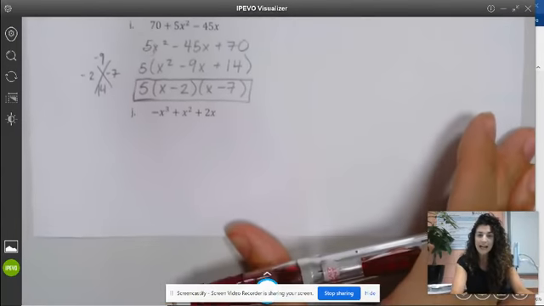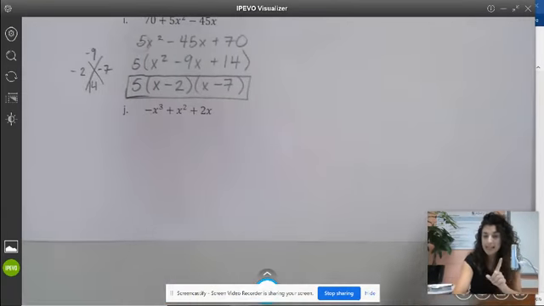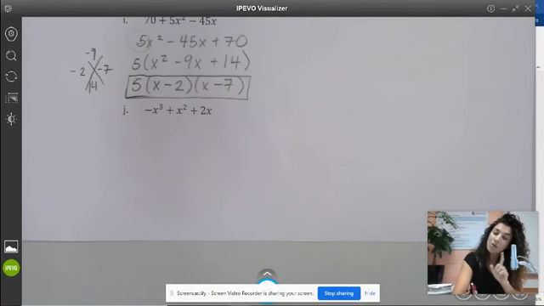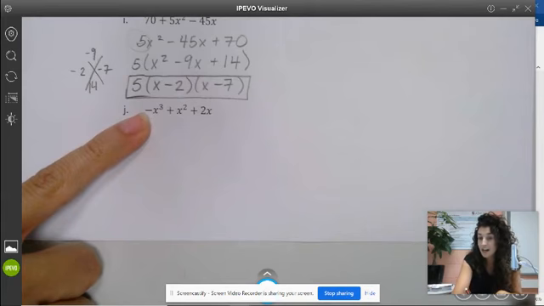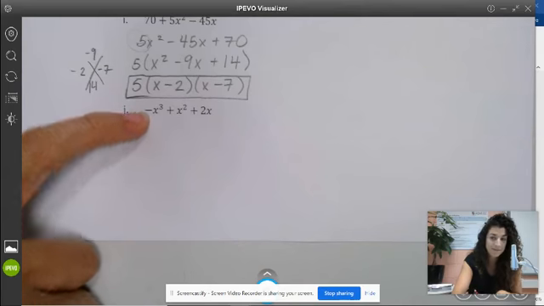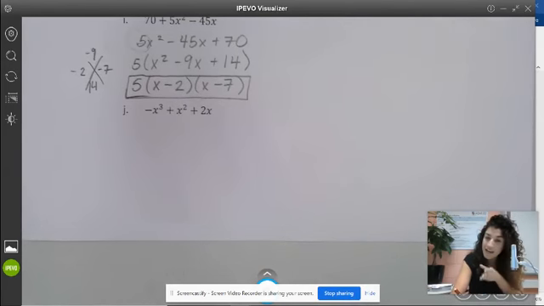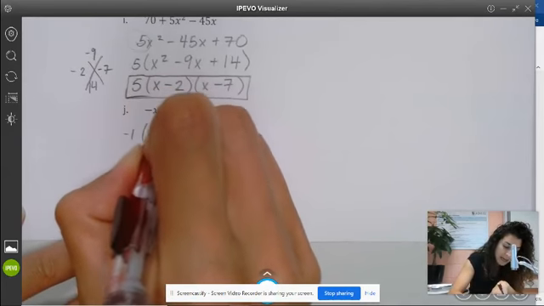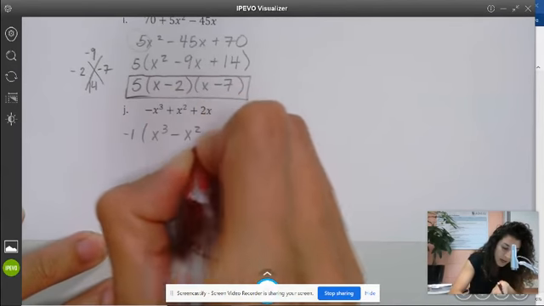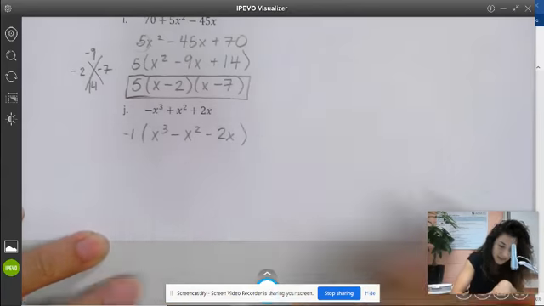I want you to try this last one on your own. You are going to take out a greatest common factor, and I will also tell you that having a negative 1 there in the front is really tough and it changes things. So what if you also factored out a negative 1? If I factor out a negative 1, I'd be left with x cubed minus x squared minus 2x.